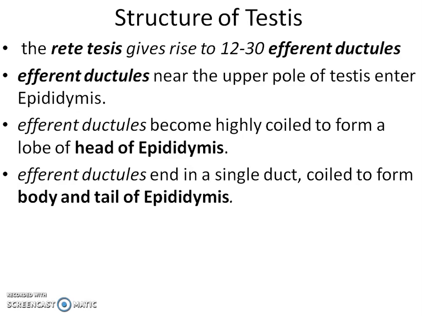The efferent ductules become highly coiled to form a lobule of the head of the epididymis. Efferent ductules end in a single duct, which is highly coiled to form the body and tail of the epididymis.